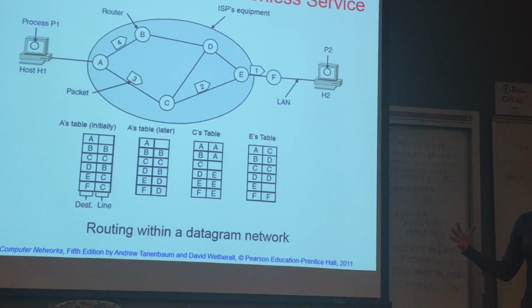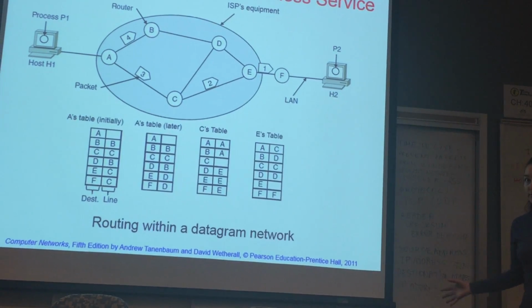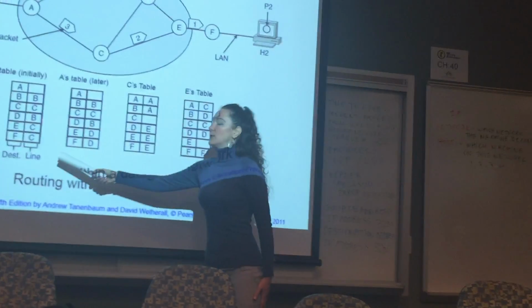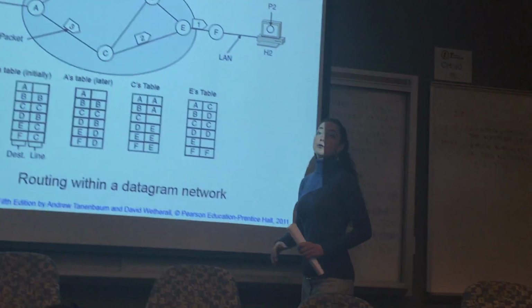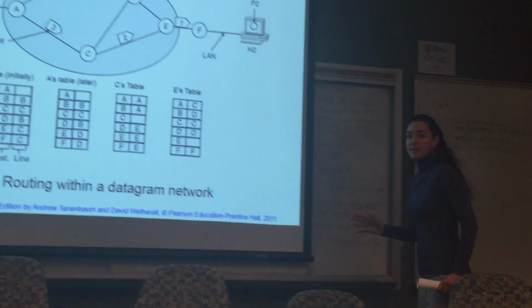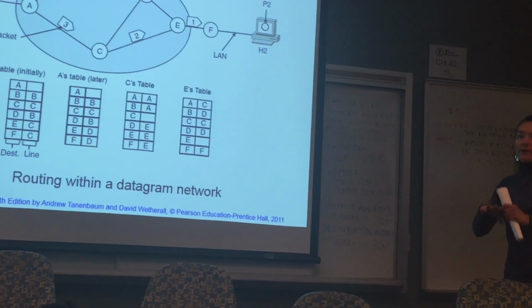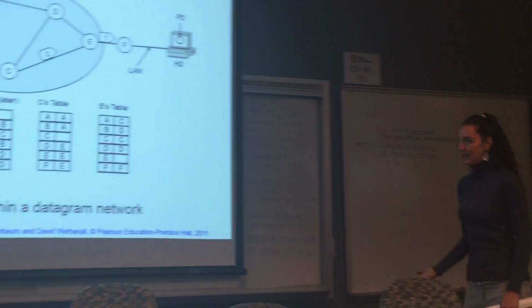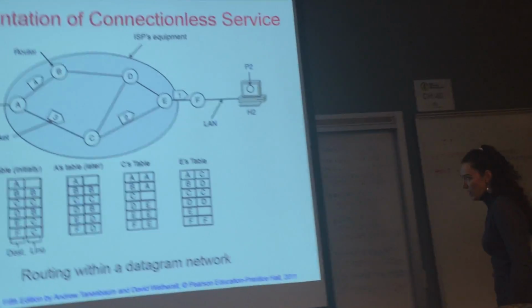And they have the whole information for the whole internet. So if these guys don't know what to do, they send it to the default router that supposedly knows what to do with it. But most of the routers don't have the complete information for the entire internet because that's humongous and they don't need to be maintaining such large tables.